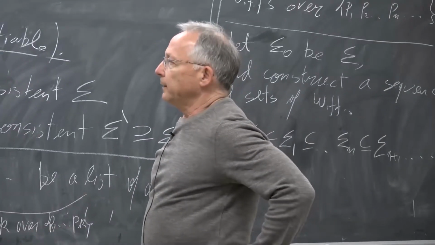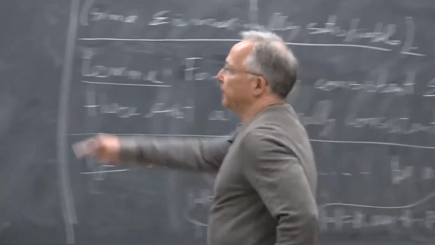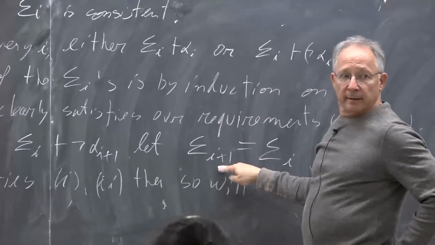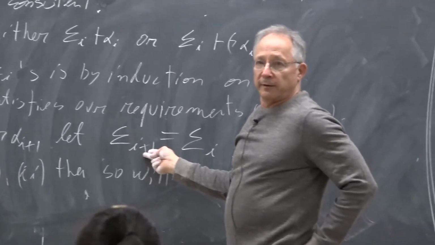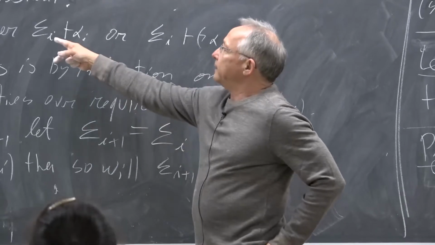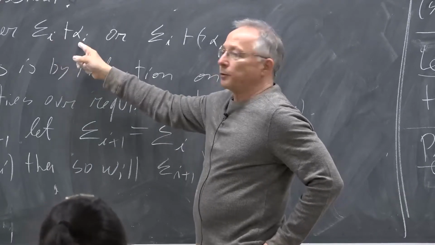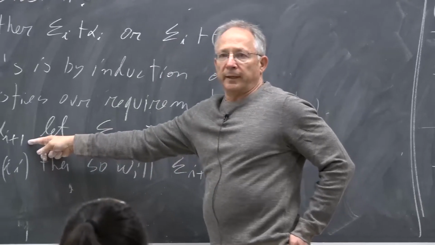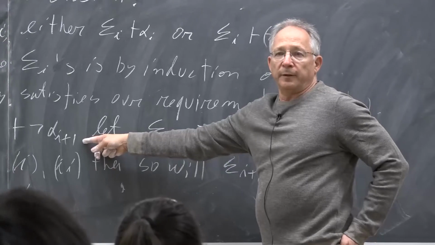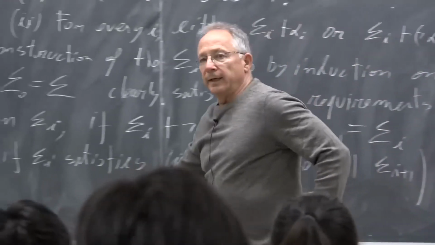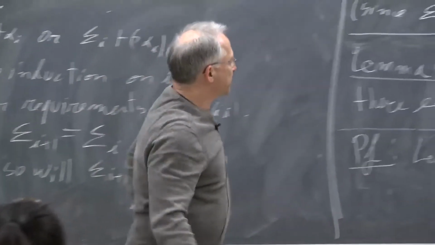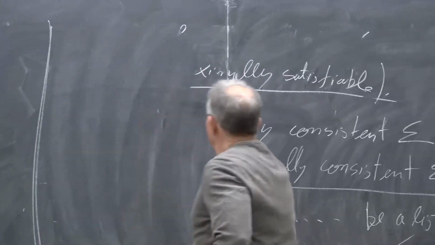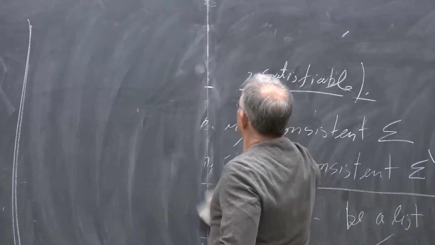Because I need to check two things. I need to check that sigma I plus 1 is consistent, but sigma I plus 1 is just sigma I. So if it was consistent, I didn't change anything. Then I need to show that it either proves alpha I plus 1 or its negation. But I assume that it proves alpha I plus 1. So I don't have to worry about requirement 2. If sigma I already proves alpha I plus 1, I don't have to do anything, and my requirements are retained.